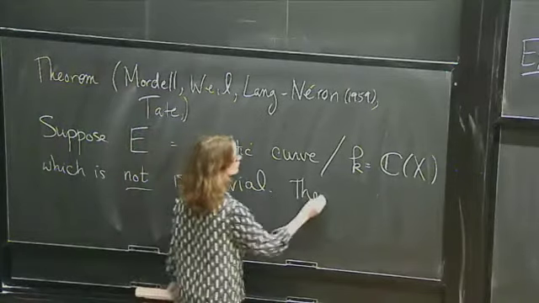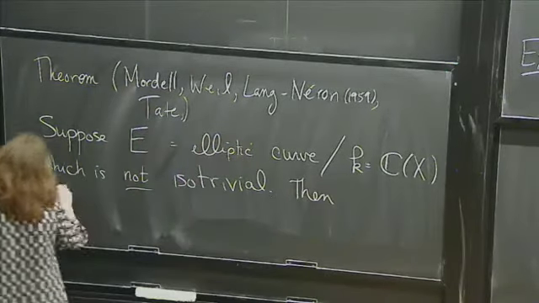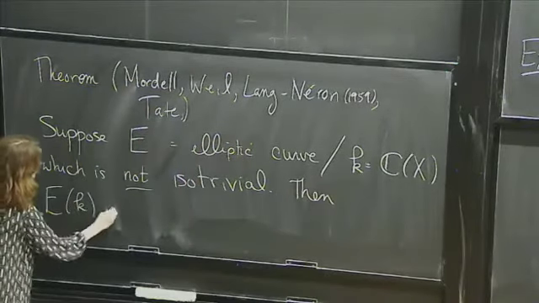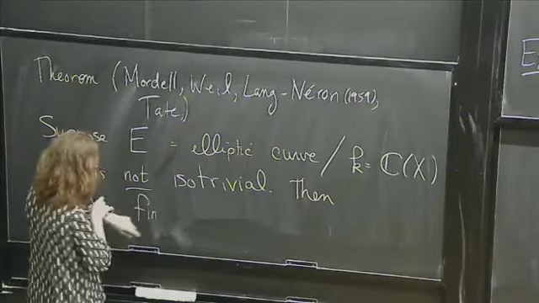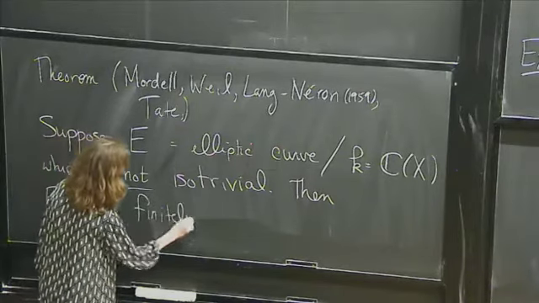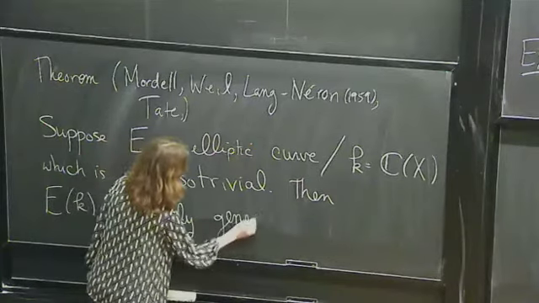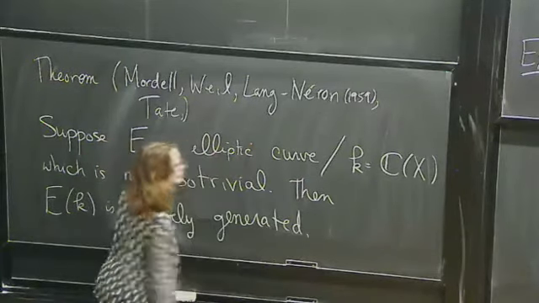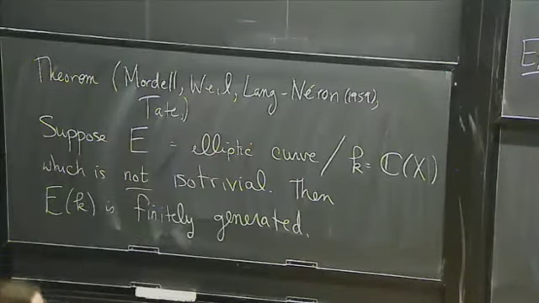Then the same conclusion: the group of rational points is finitely generated. You get the same conclusion. And again, isotrivial just means that the complex structure of the tori is not varying.